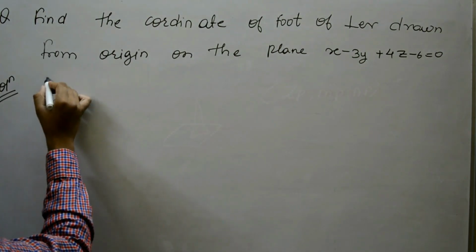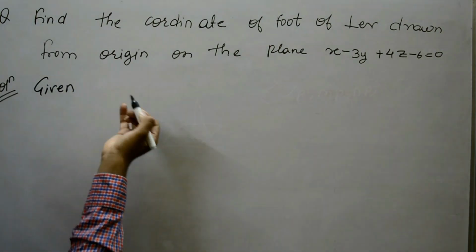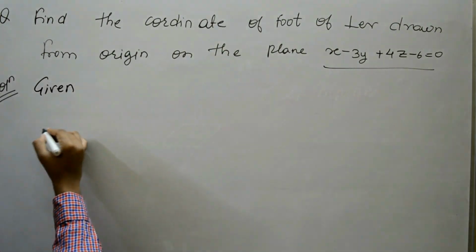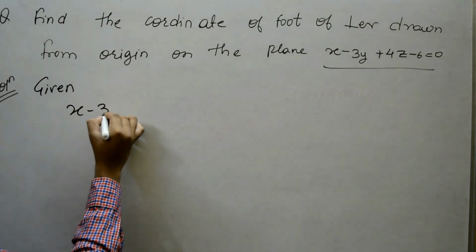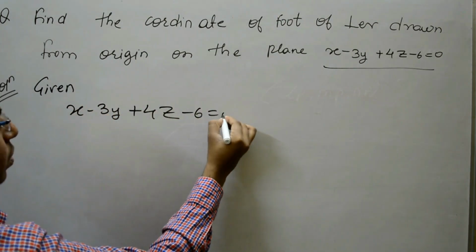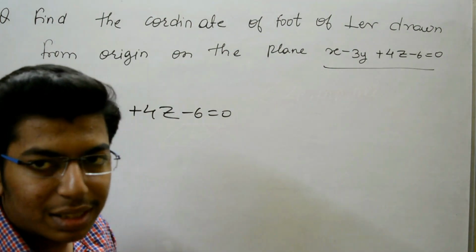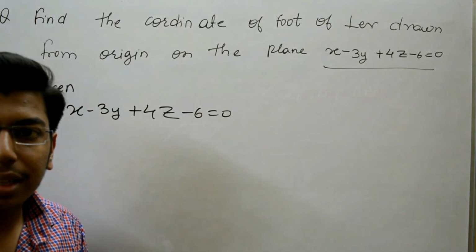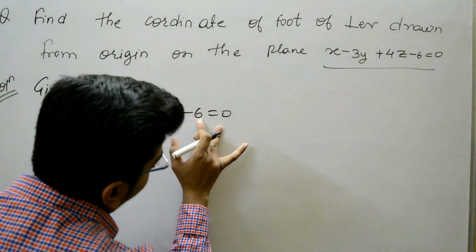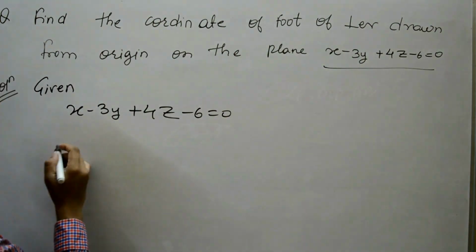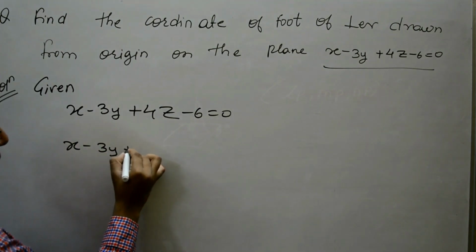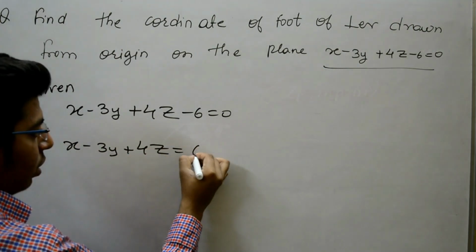The solution for this: we are given the equation of the plane, x minus 3y plus 4z minus 6 equal to 0. Does this seem to be a proper equation? No, we have to move this minus 6 to the other side. So rearranging it, x minus 3y plus 4z equal to 6.